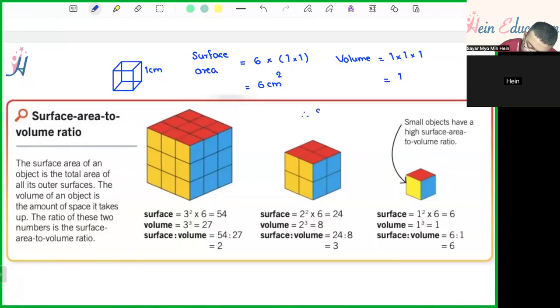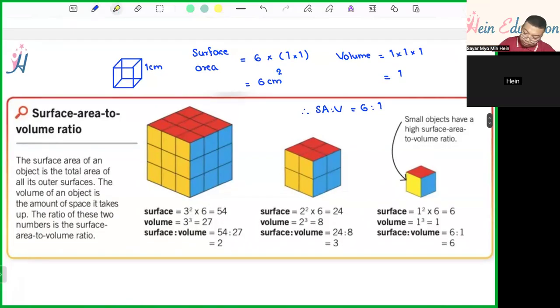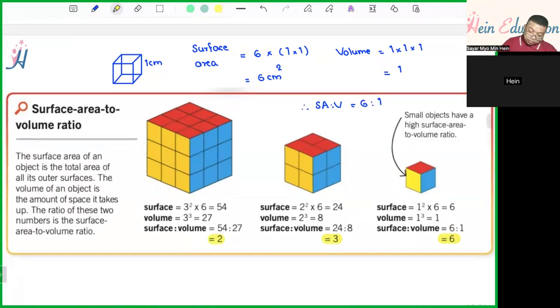Therefore, when we calculate the surface area to volume ratio, it will be 6:1. But if we have a larger size, let's say 2 centimeters, then the ratio will be 3:1, right? So as you can see from the example, when the particle gets smaller, it has a larger surface area to volume ratio, which would further increase the rate of diffusion.